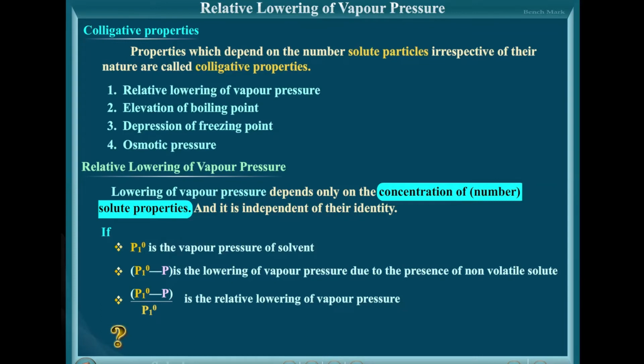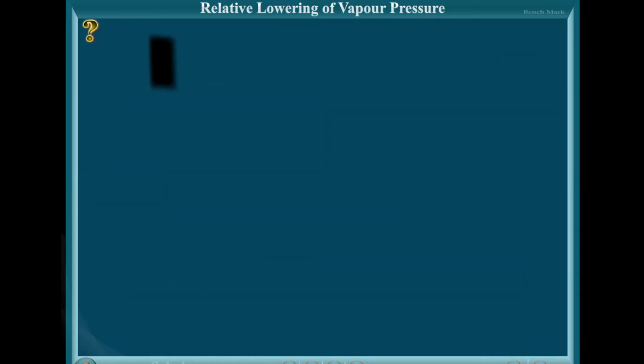(P1 naught minus P) by P1 naught is the relative lowering of vapor pressure. That is what we learned in the last video: the relative lowering of vapor pressure is equal to the mole fraction of the solute, which is another statement of Raoult's law.